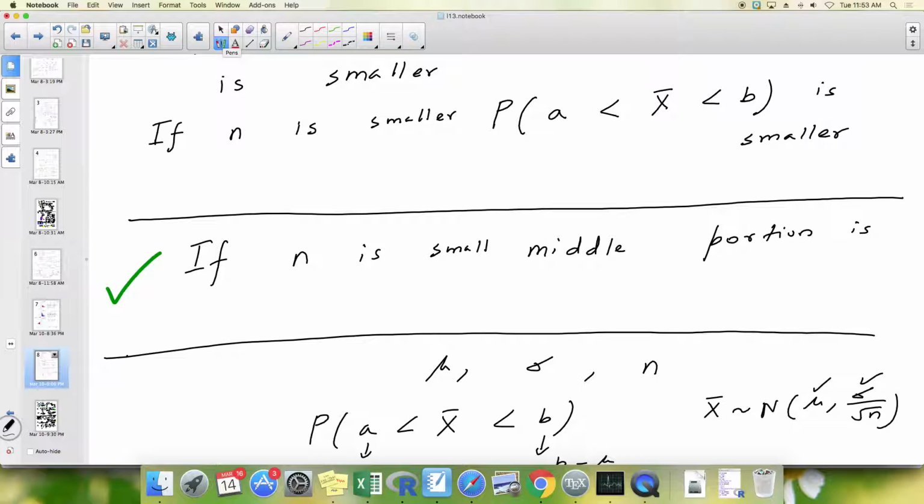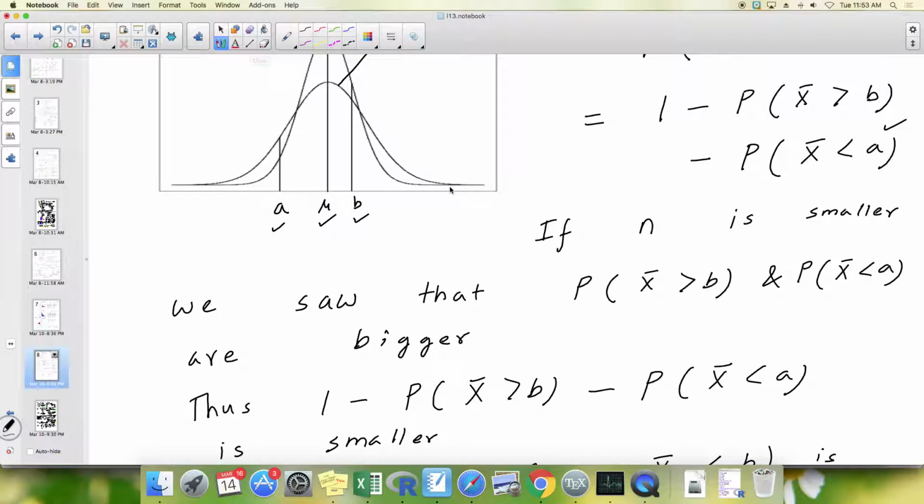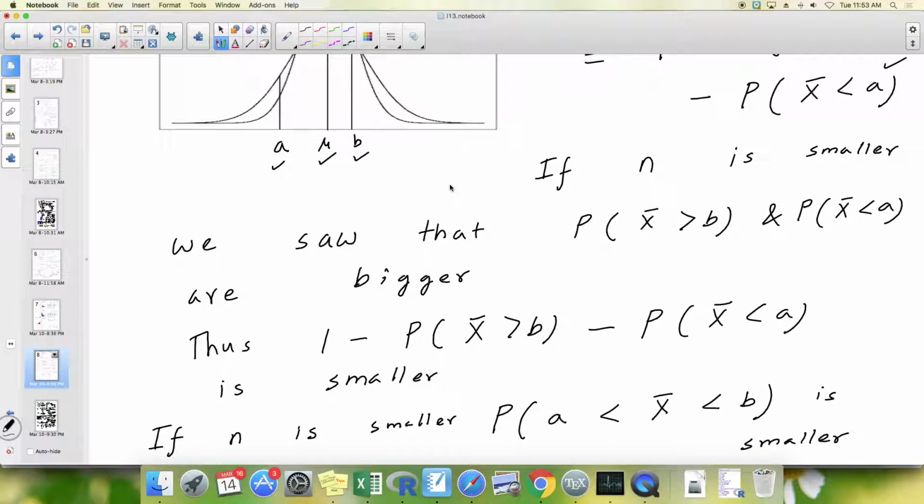The thing I want to claim is, if n is small, the middle portion is small. And we prove it as follows. If n is smaller, then the tails are bigger.